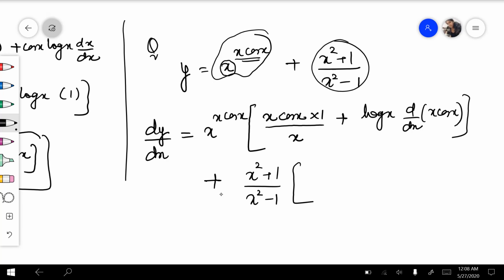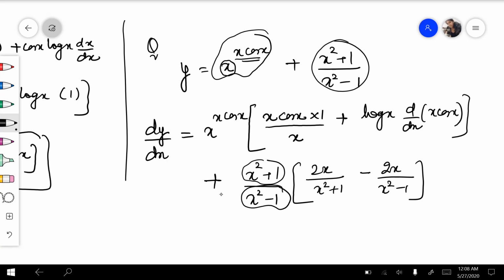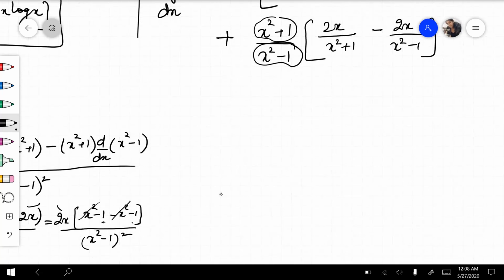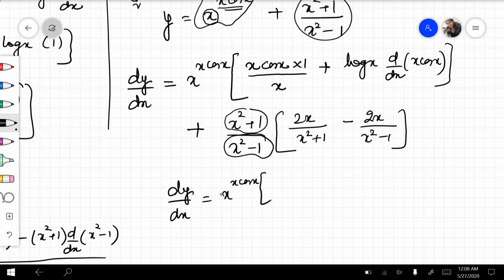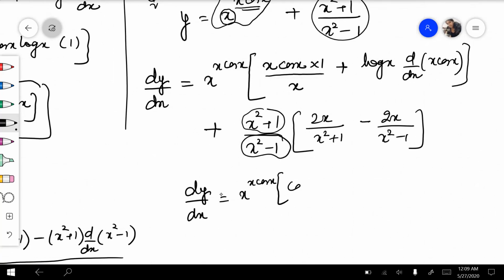याद कीजिए मैंने क्वेश्चन के लिए आपको बोला था डेरिवेटिव ऑफ न्यूमरेटर दैट इज 2x अपॉन न्यूमरेटर minus derivative of denominator that is 2x upon x square minus 1. So let's simplify this one. So in the next step you will get the answer x raised to power x cos of x into x and x will get cancelled, so it is cos of x.